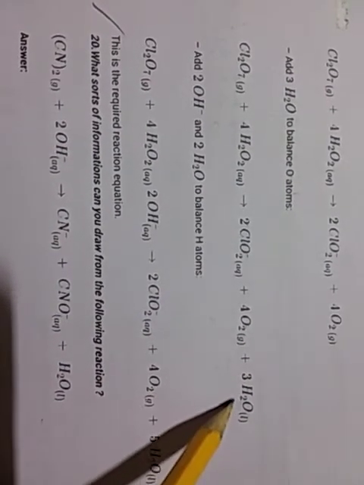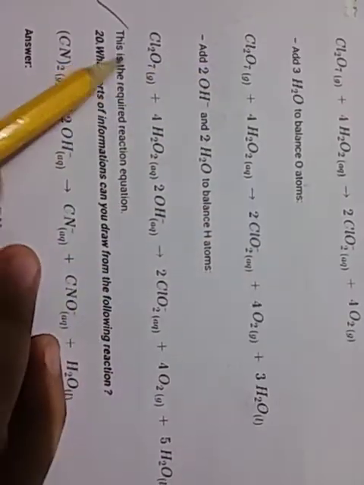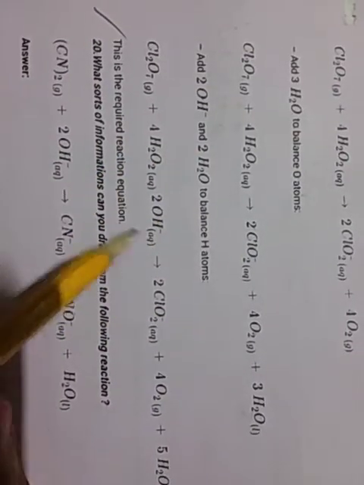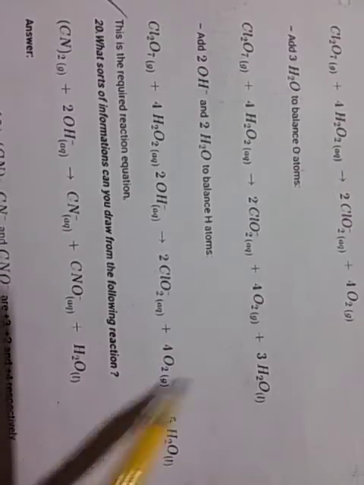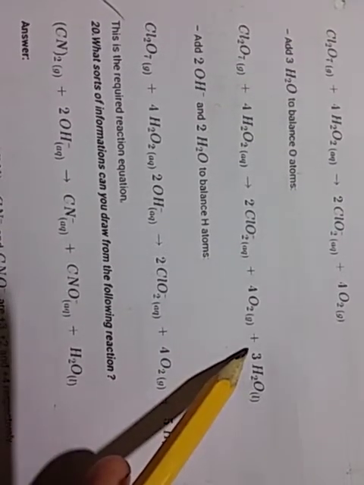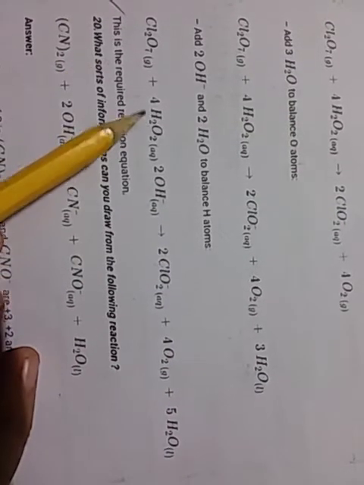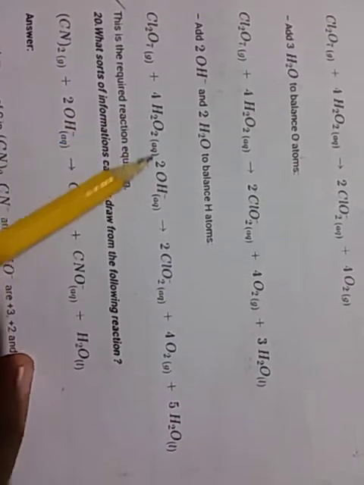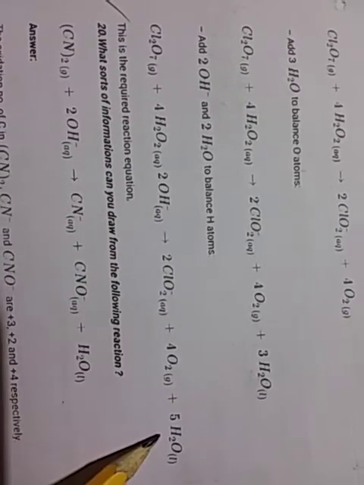Then again you see the reaction occurs in basic medium. So write 2 OH minus on the left hand side and 2 H2O to balance the hydrogen atoms. So Cl2O7, 4 H2O2, 2 OH minus, and on the right hand side 2 ClO2 minus plus 4 O2 plus 3 H2O and again 2 H2O extra added, so 5 H2O. Then balance: 8 hydrogen plus 2 is 10, and on the right hand side 5 H2O is 10.